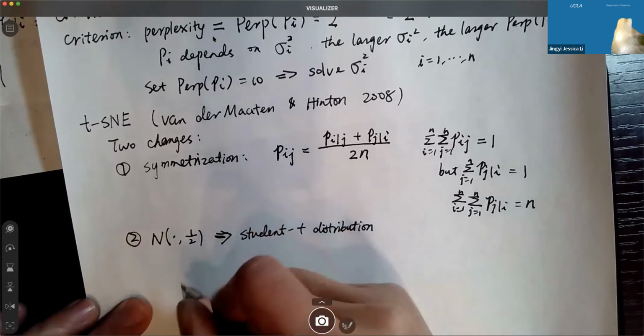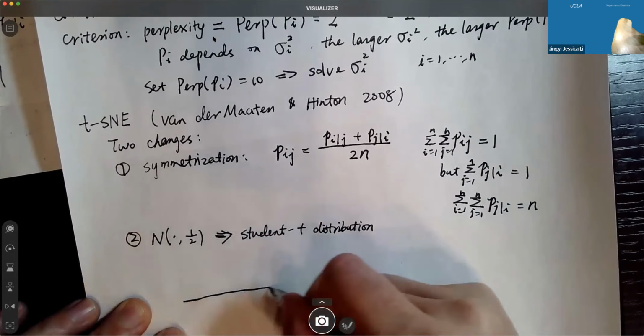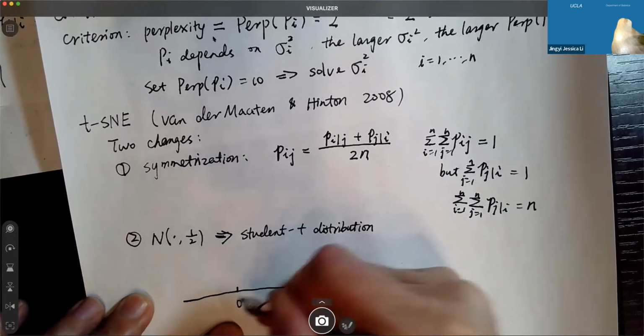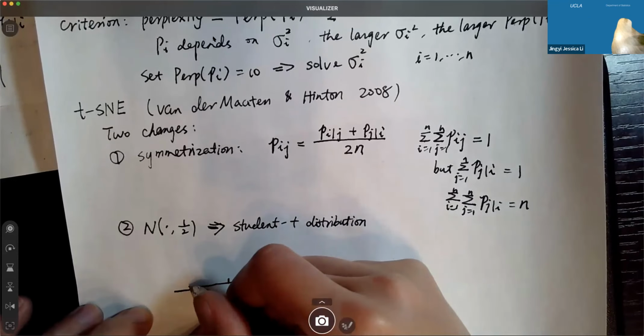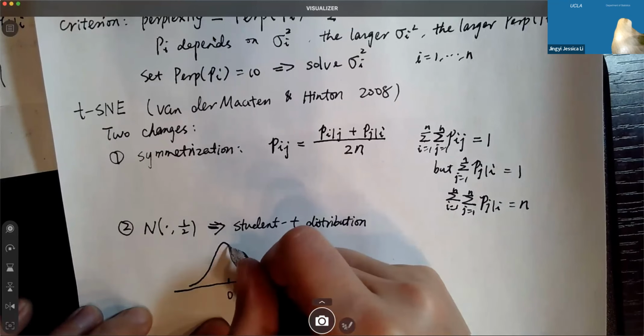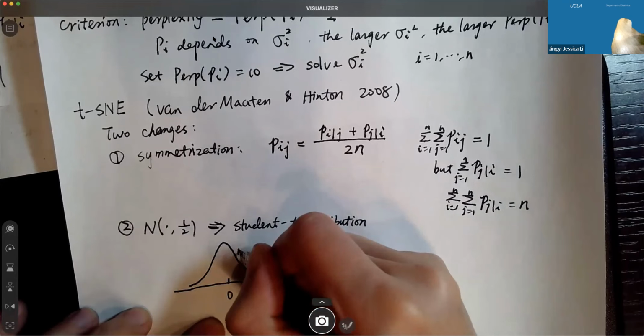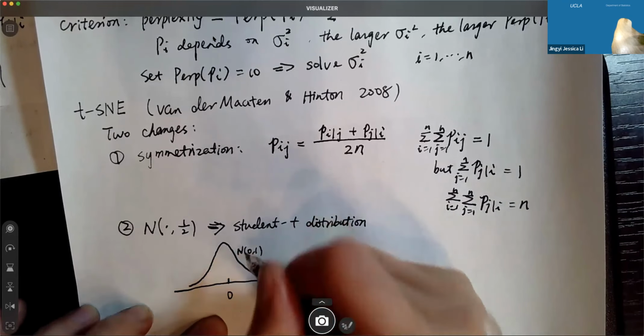So let me give you this interesting density comparison. Let's say this is 0, and our normal distribution looks like this. I'm just going to use the standard normal, for example.